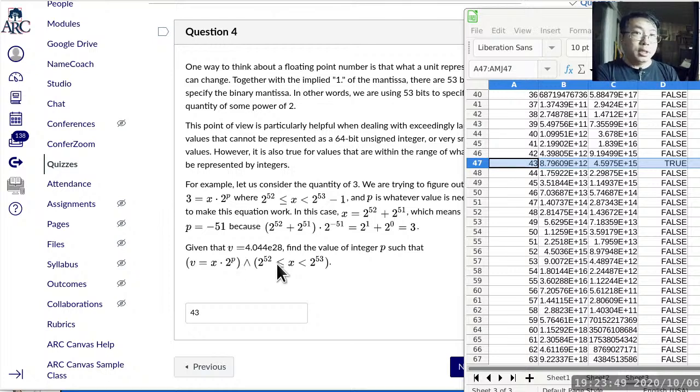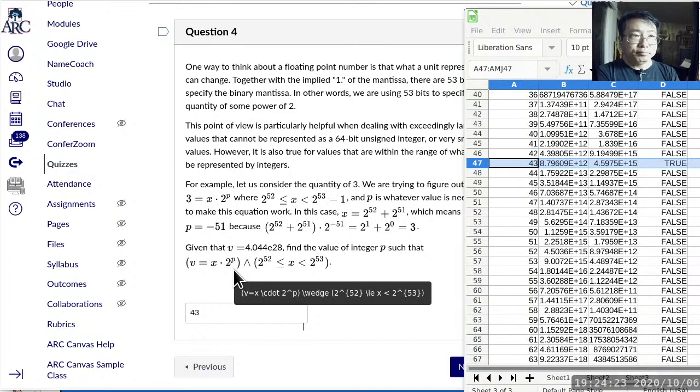Because if you say x equals the lower bound, that p is going to be the upper limit. Okay, the irrational p is the upper limit of the actual integer p. So in that case, you have to use the floor operation to find the actual value. On the other hand, if you say x equals the upper bound, 2 to the power of 53, and you solve for p, that p is going to be the lower bound, which means you have to use the ceiling function to find the actual integer p.